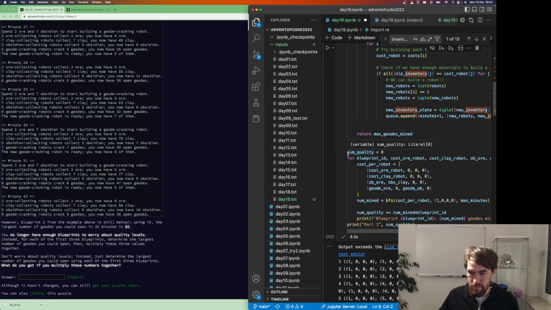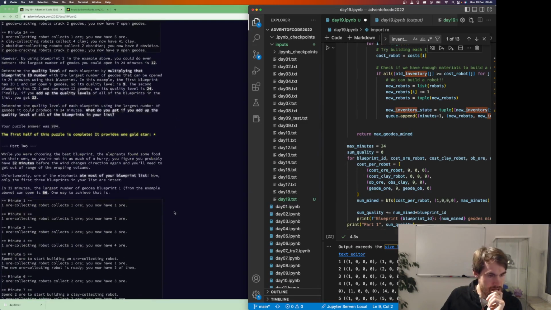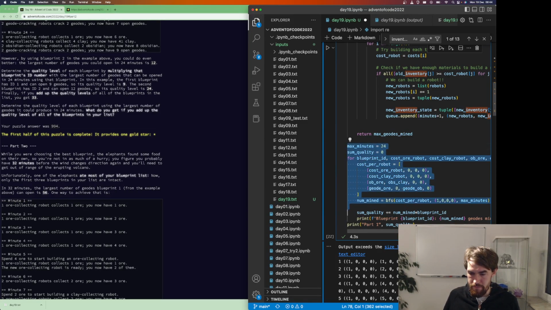Okay. You could open using the first 3 blueprints. What am I missing? Okay.